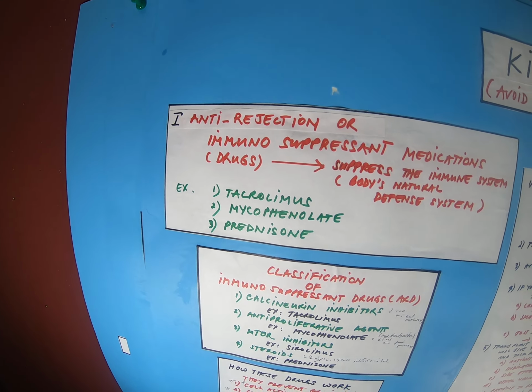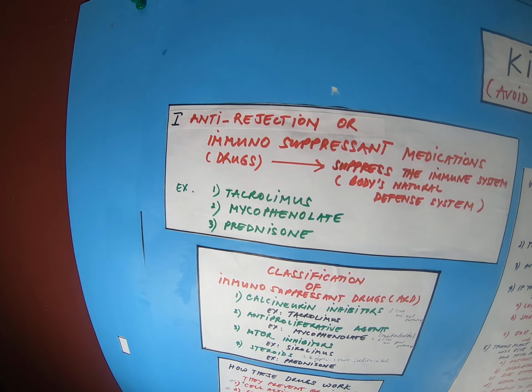It will also reduce T-cell replication. We have number 3, which is the mTOR inhibitors. An example of that is sirolimus, which is not part of the patient's medication. And number 4, it is steroid. An example is prednisone, and that will also reduce the T-cell replication, and it is also an anti-inflammatory.